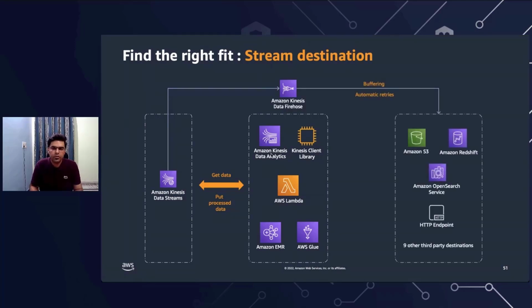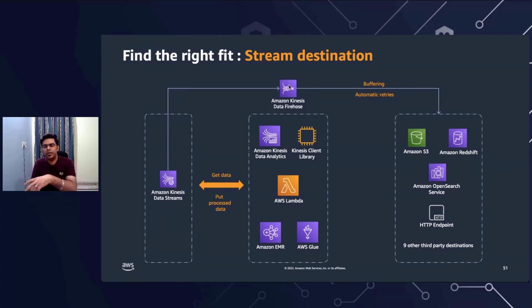Firehose then provides you all those buffering and automatic retries capabilities for the Kinesis data streams ingestion data. So if let's say your use case is to do some key by value window operations onto your data stream and then dump into another Kinesis stream, that Kinesis stream will be consumed by a Firehose.